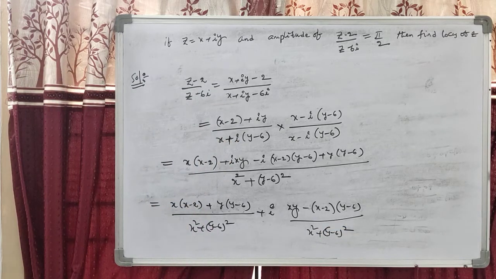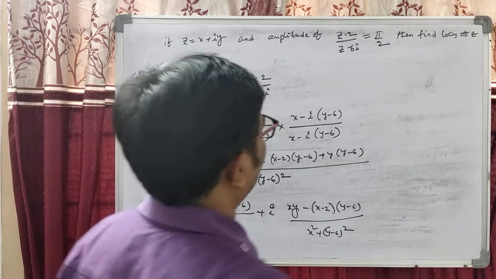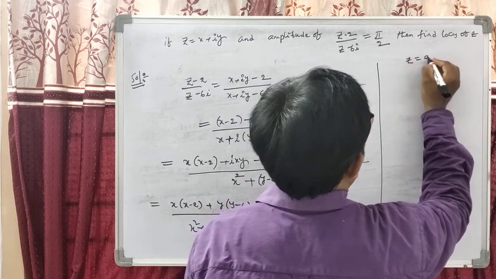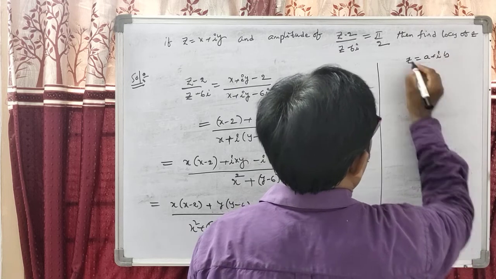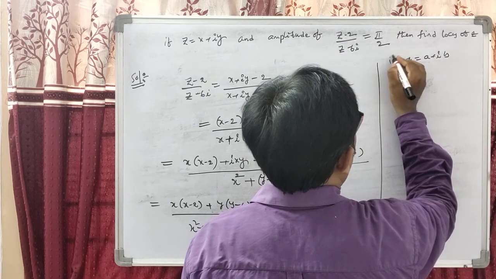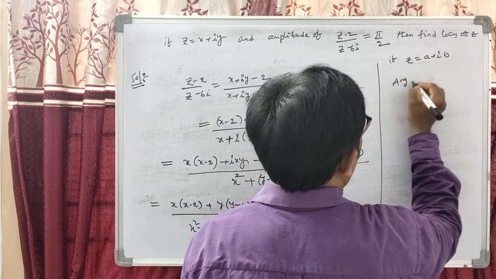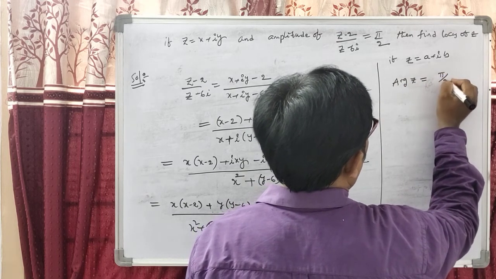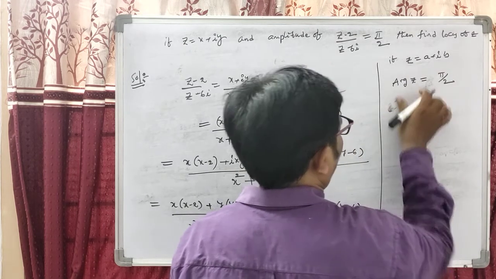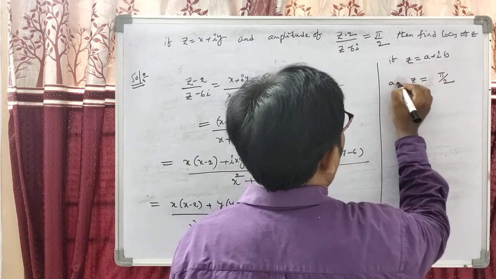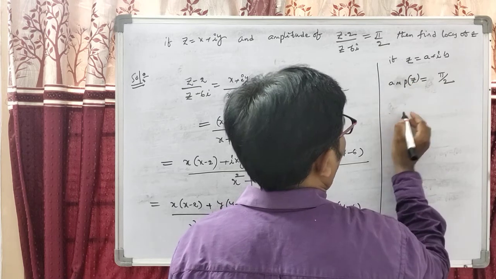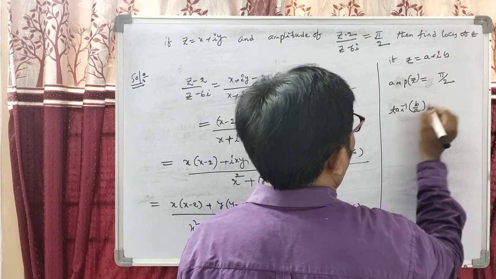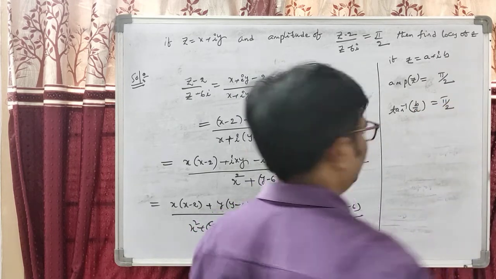So students, the argument, the amplitude is given. Suppose z equals a plus ib. Argument of z is given as 90. Argument of z, or amplitude of z, is tan inverse of b by a equal to 90.